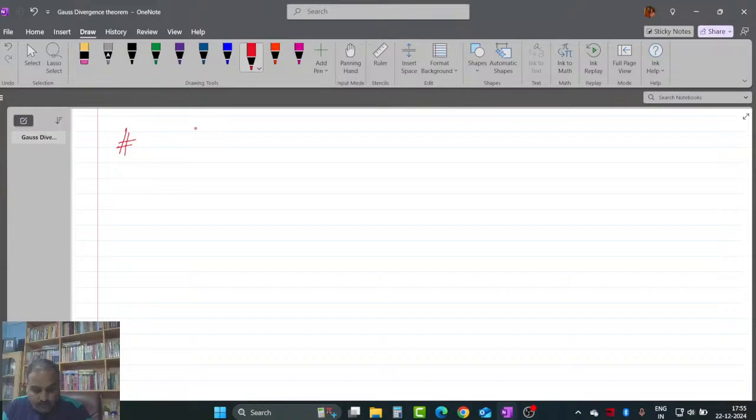So the question is: find the minimum value of x² plus y² plus z², given that xyz is equal to a cube.